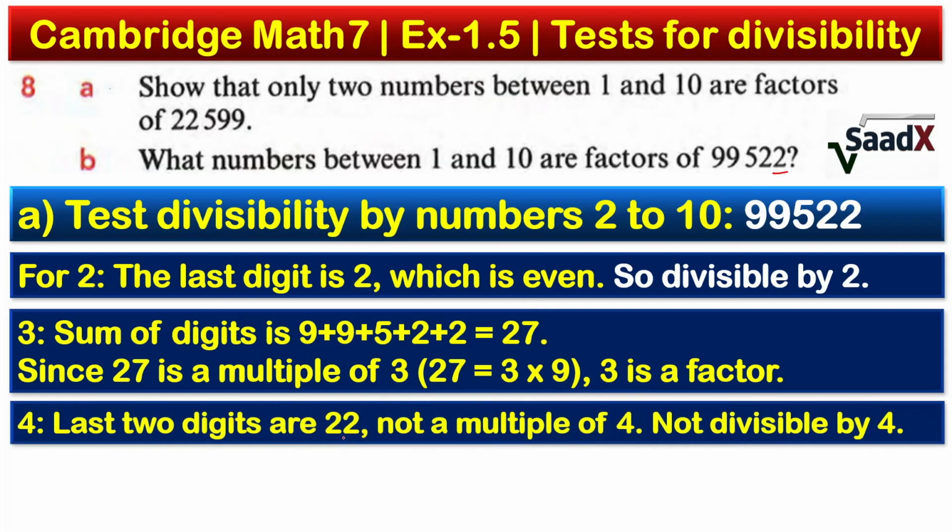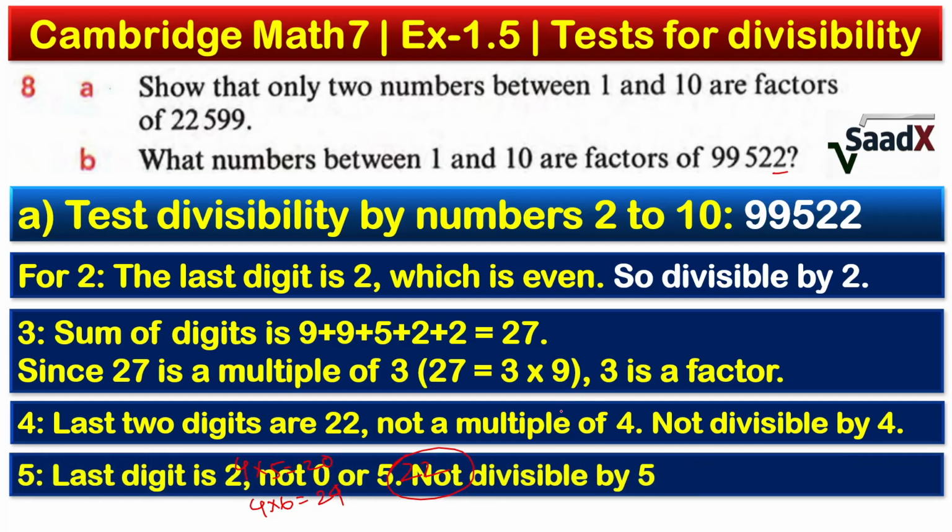The last two digits are 22, which is not a multiple of 4. 4 times 5 is 20 and 4 times 6 is 24, but 22 is not divisible by 4. Therefore, 99,522 is also not divisible by 4. And finally, the last digit is 2, not 0 or 5, so this number cannot be divisible by 5 and also not by 10.